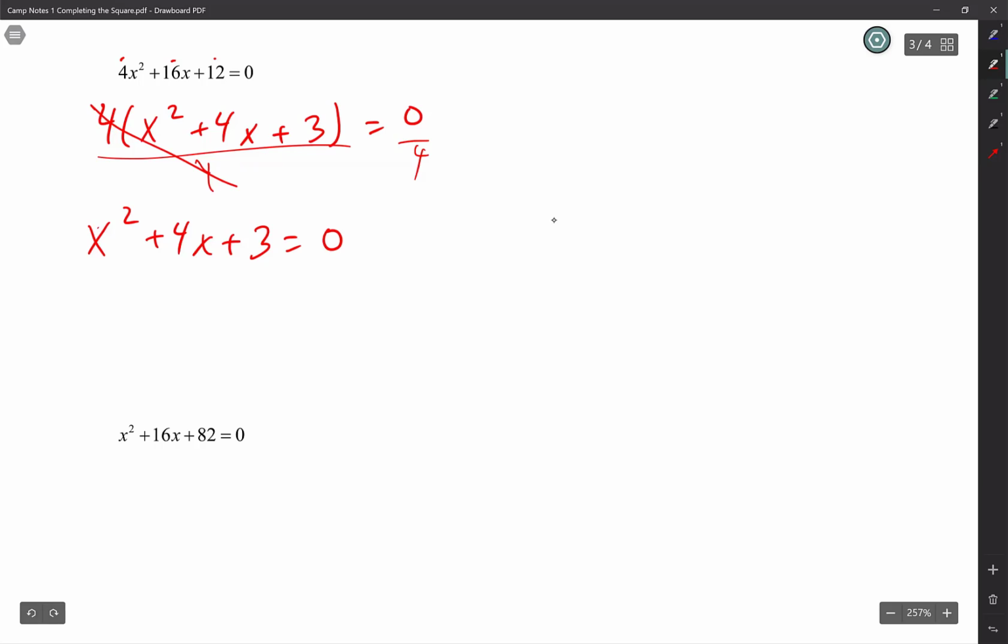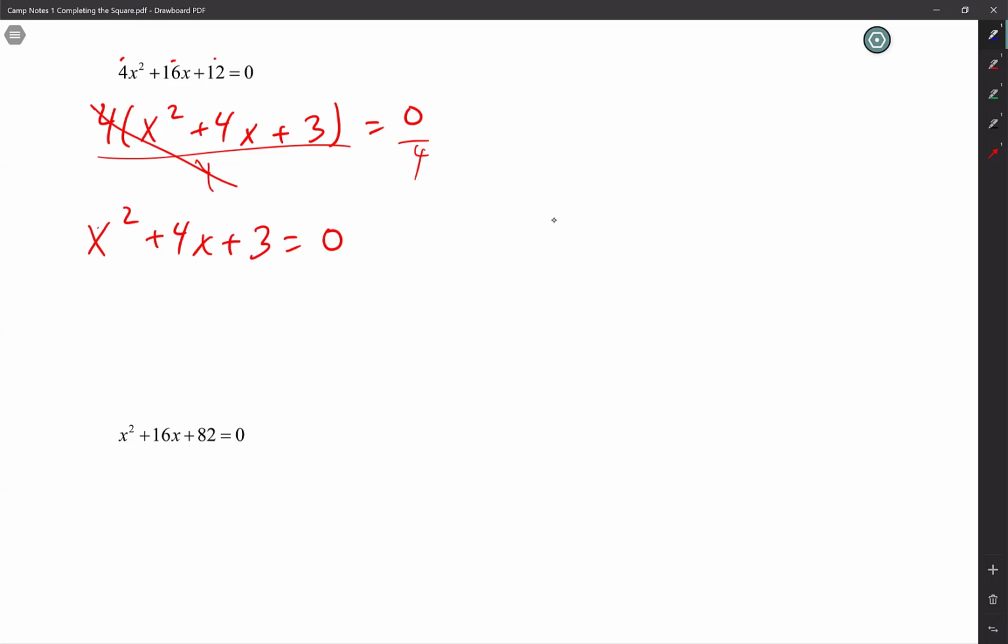I'm going to slow down real quick. I'm going to write this in blue. Yes, I recognize that you can factor this and get your answers really quick. In this case, I would not use complete the square because factoring would get me the answer real fast.